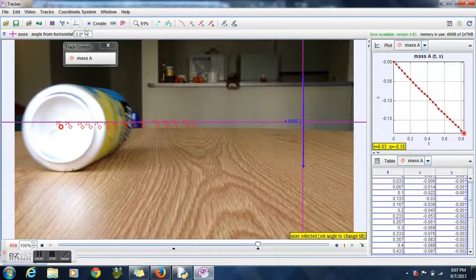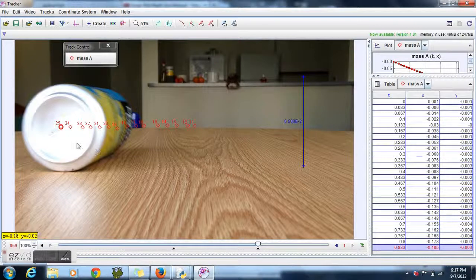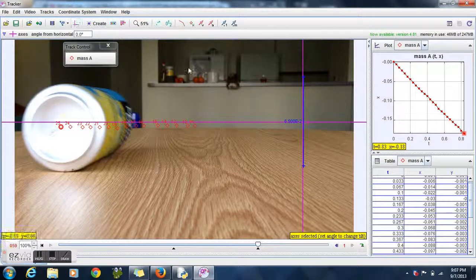The length scale, 0.065 meters, was based off of the diameter at the bottom of the can. Starting at 0 seconds, the motion of the object is recorded against an xy coordinate system, moving in the negative x direction with an initial position at 0, 0.